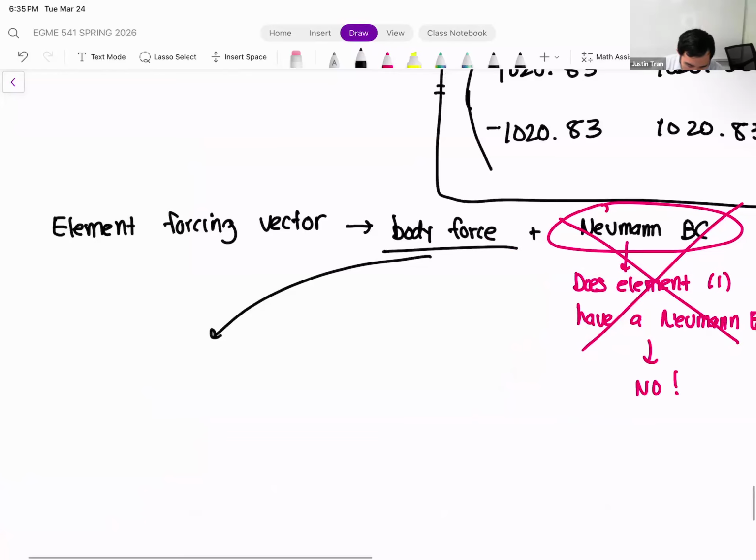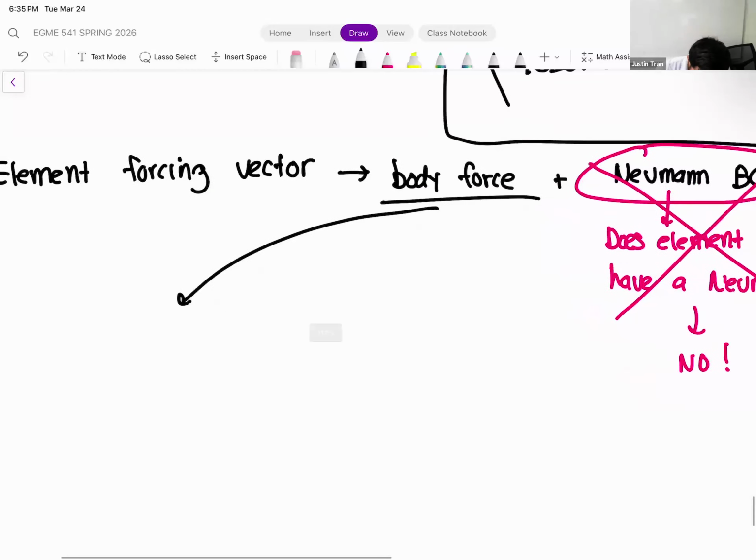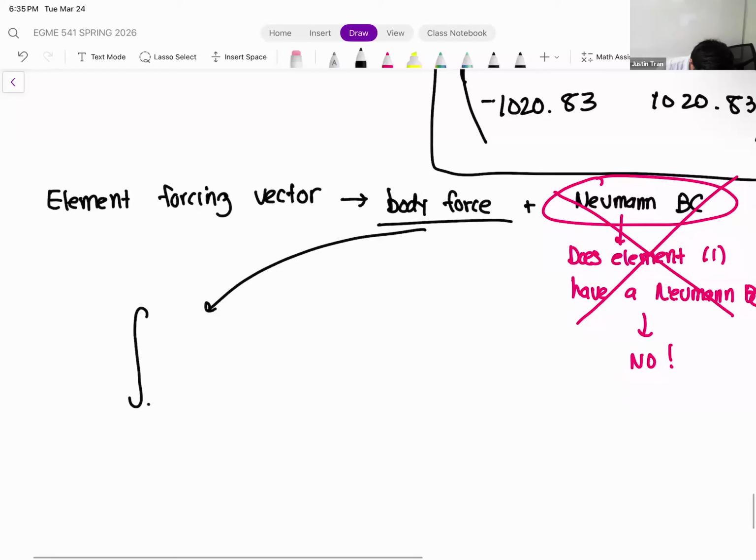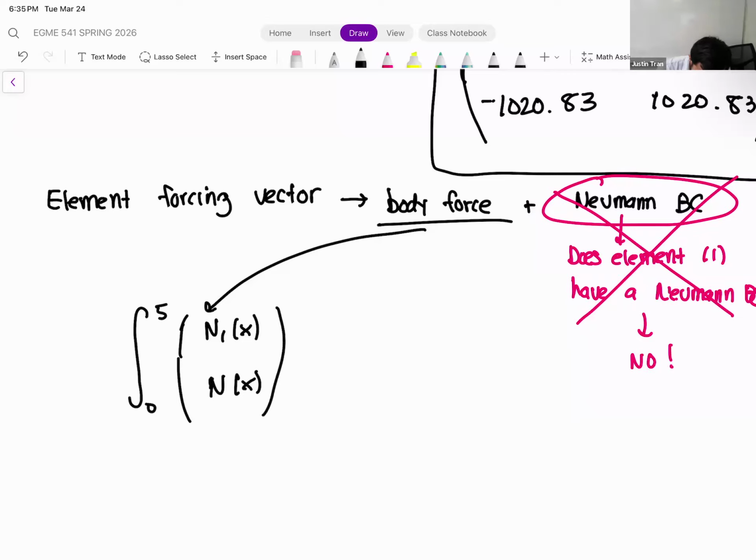Okay. So the body force integral here is the integral from 0 to 5 of N1 of x and N2 of x multiplied by b of x dx. All right, so let's go ahead and plug in all of our values here.